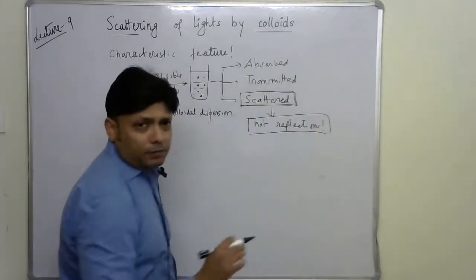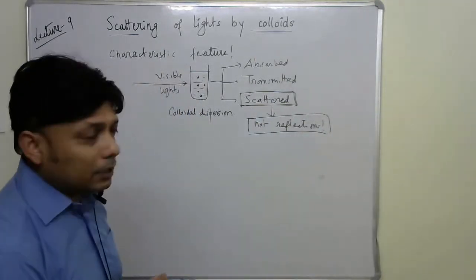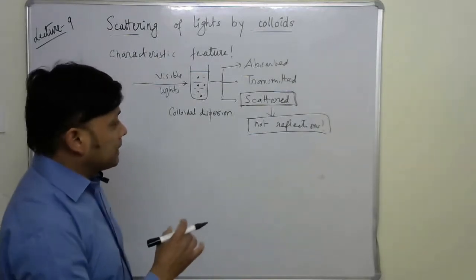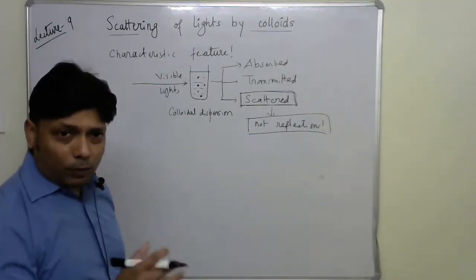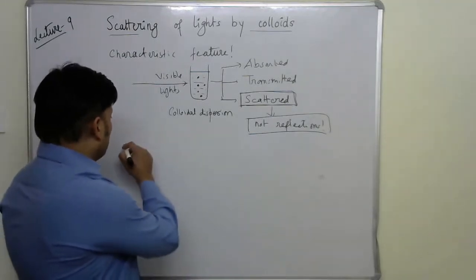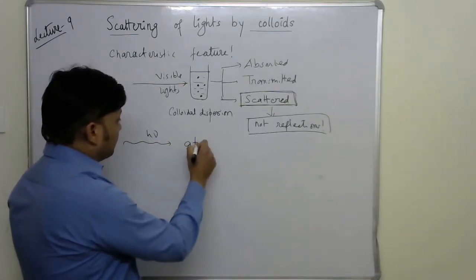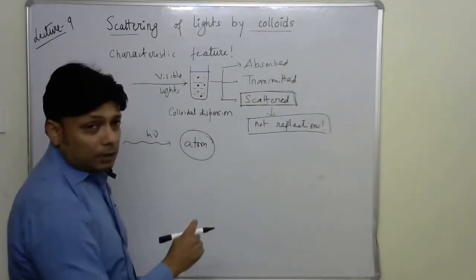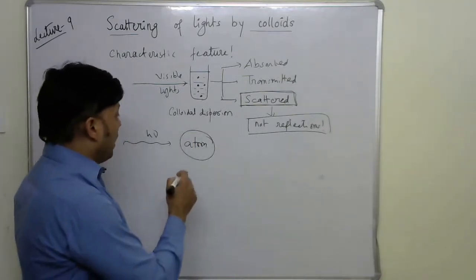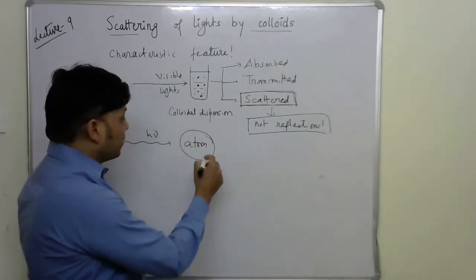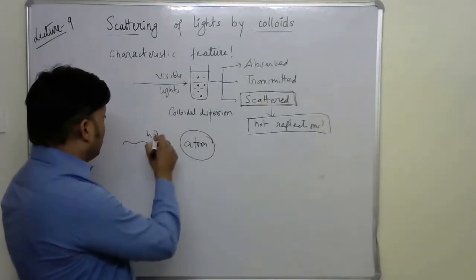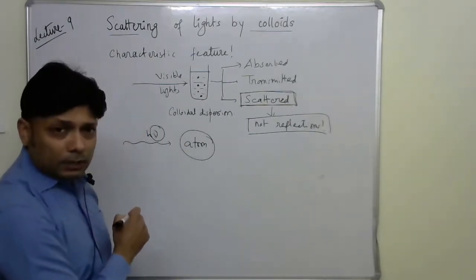So this is a physical phenomenon, and there is some physics behind it. Let me try to define scattering in as simple a way as possible. Suppose an electromagnetic radiation hits an atom. Remember, it's an atomic phenomenon, and in an atom we have electron clouds. Now this electromagnetic radiation has a particular frequency nu.